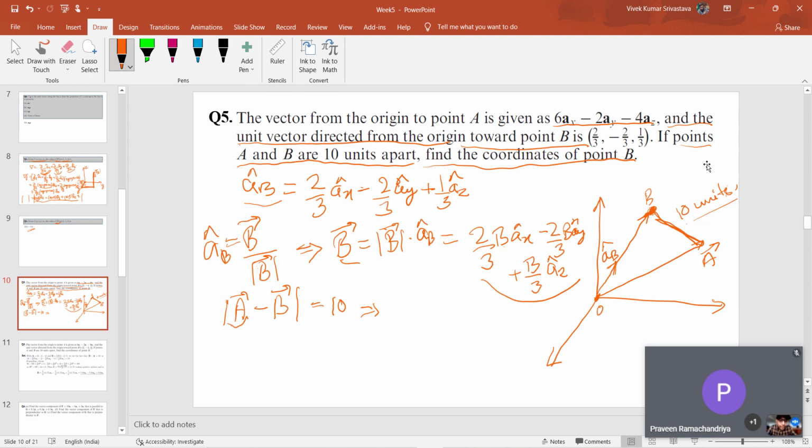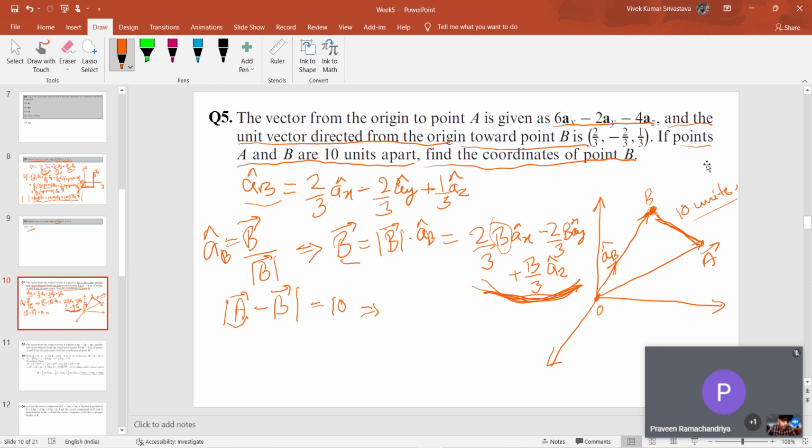Then you can find the value of B, and once you find the value of B, you put it in this vector form. Okay, so from here you can determine the coordinates of B, because the initial point is the origin only.